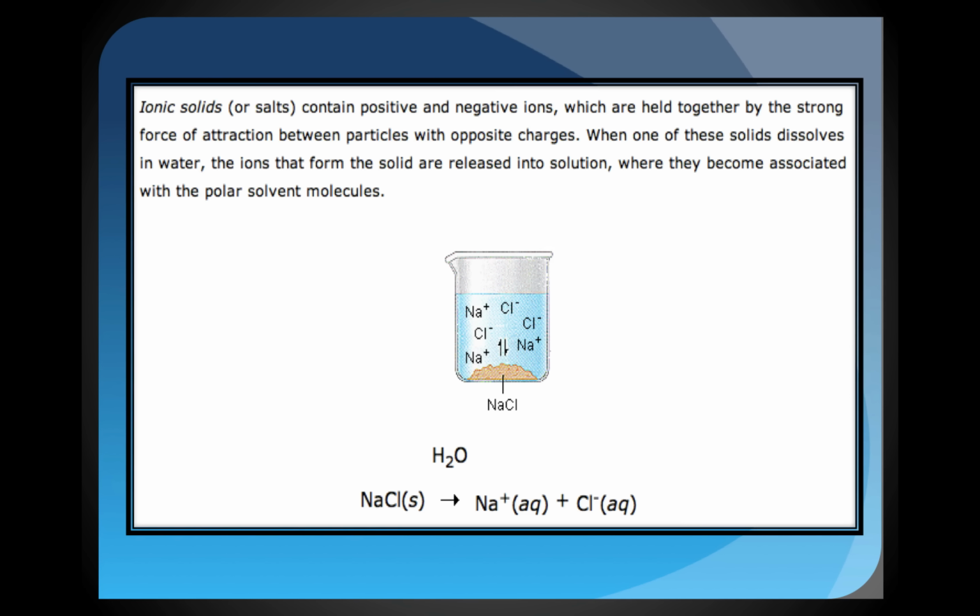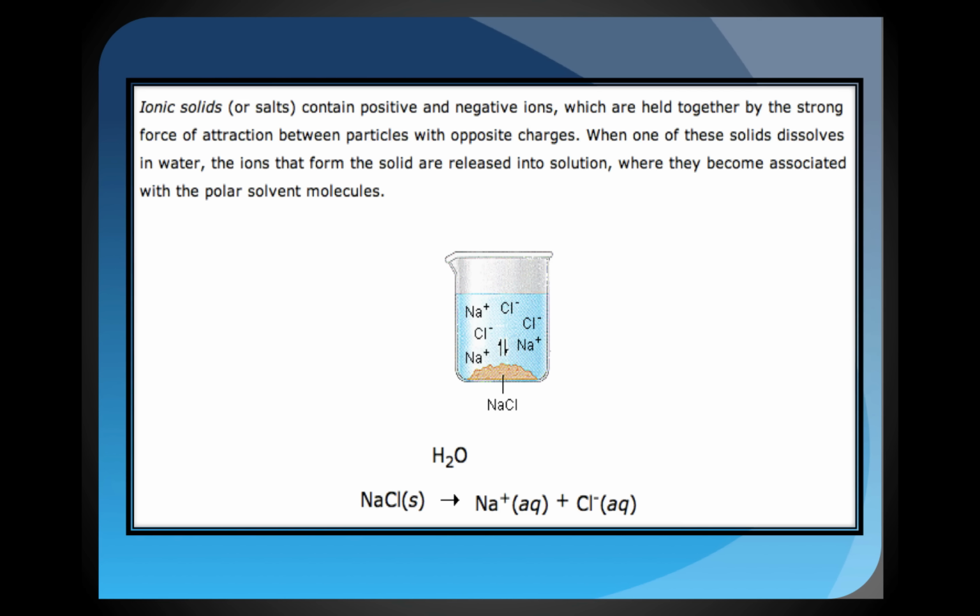Ionic solids, or salts, contain positive and negative ions, which are held together by the strong force of attraction between particles with opposite charges. When one of these solids dissolves in water, the ions that form the solid are released into solution, where they become associated with the polar solvent molecules.